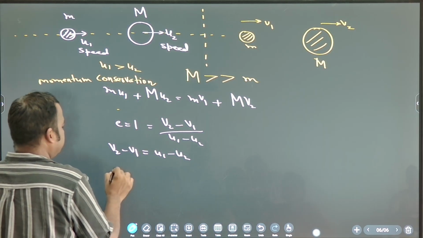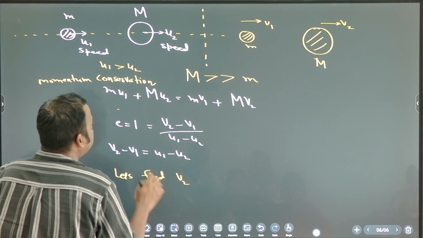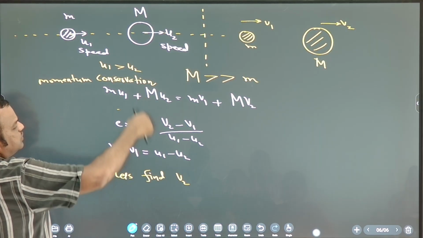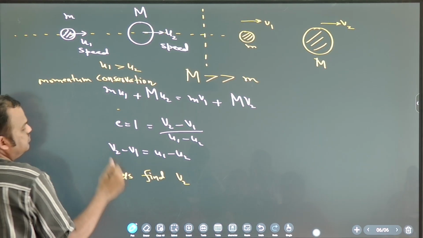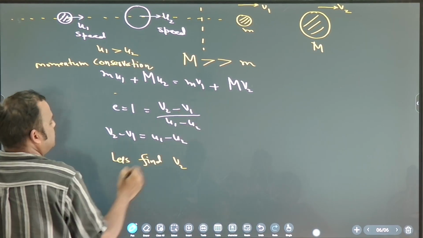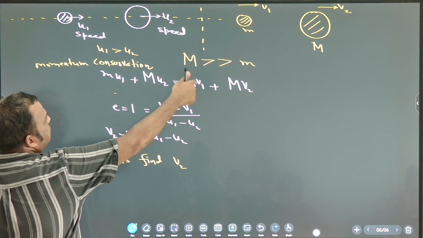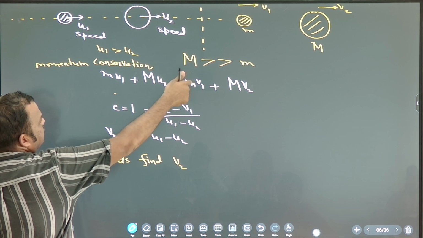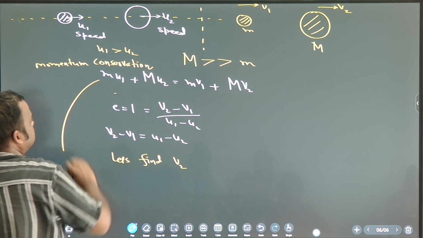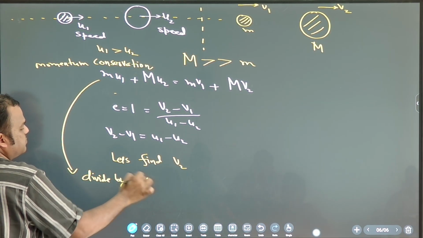How to find v2? What do I have to do? Tell me. One equation is this, another equation is this, so I am writing both. You divide by small m.